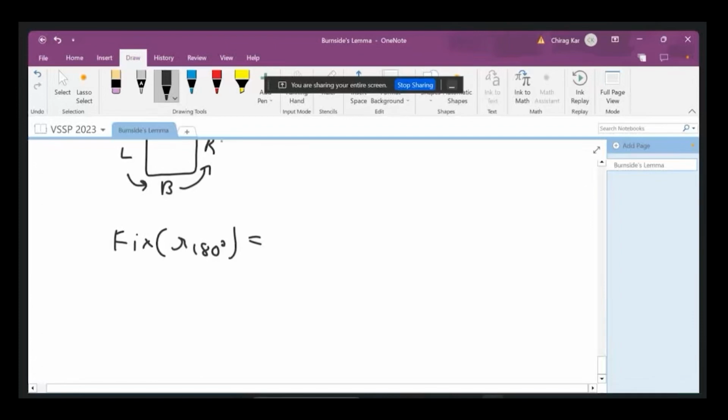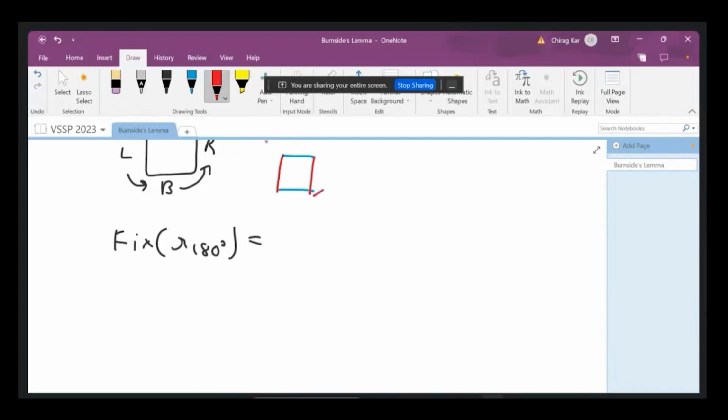So you want basically the opposing sides to be equal. So for example, something like this and this. You want the opposing sides themselves to be equal, very specifically.